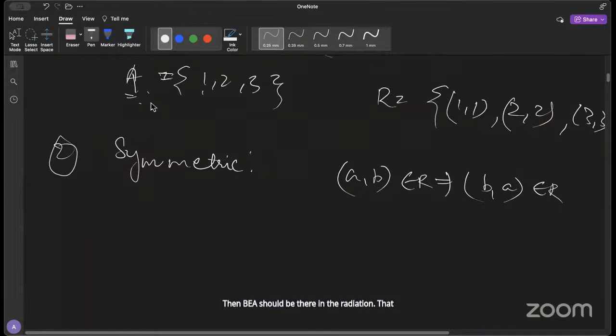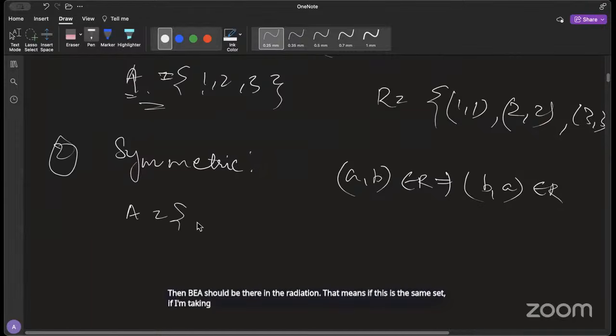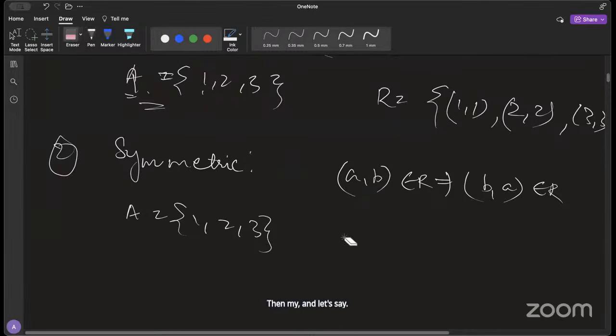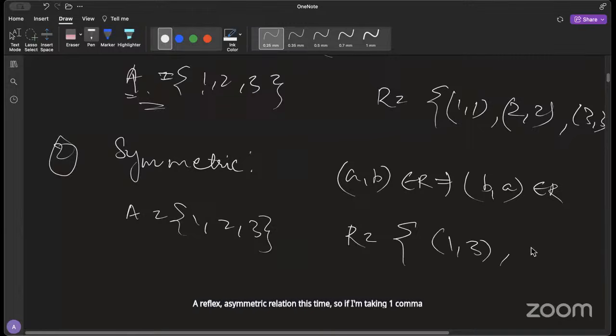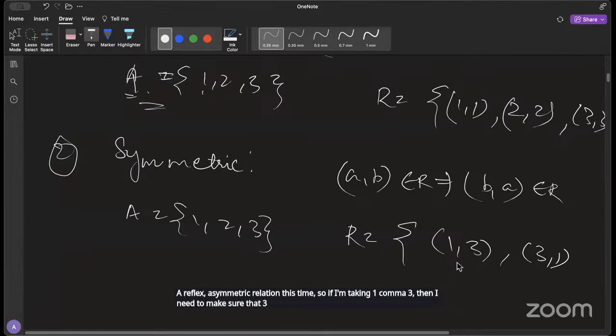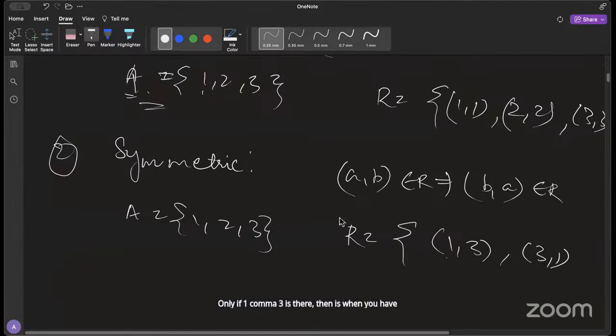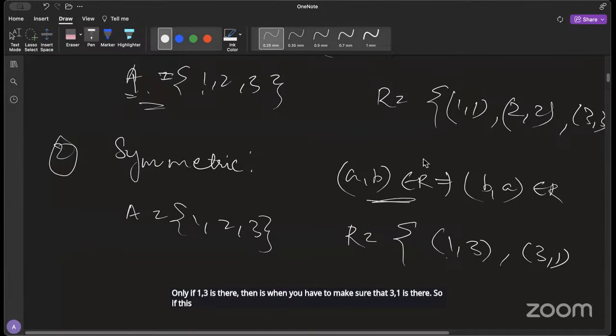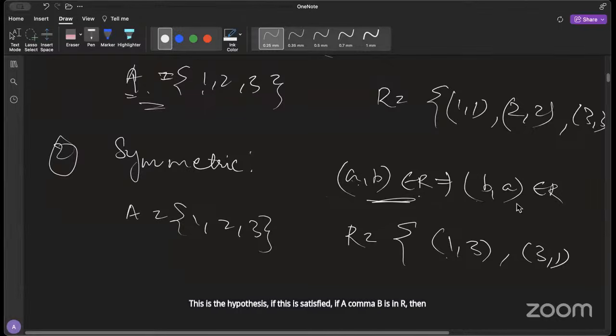If I'm taking the same set {1, 2, 3}, and let's say I have to define a symmetric relation this time. So if I'm taking (1, 3), then I need to make sure that (3, 1) is also there. Only if (1, 3) is there do you have to make sure that (3, 1) is there. So if this hypothesis is satisfied, if (a, b) is in R, then (b, a) must be in R. That's your symmetric relation. Is that okay?